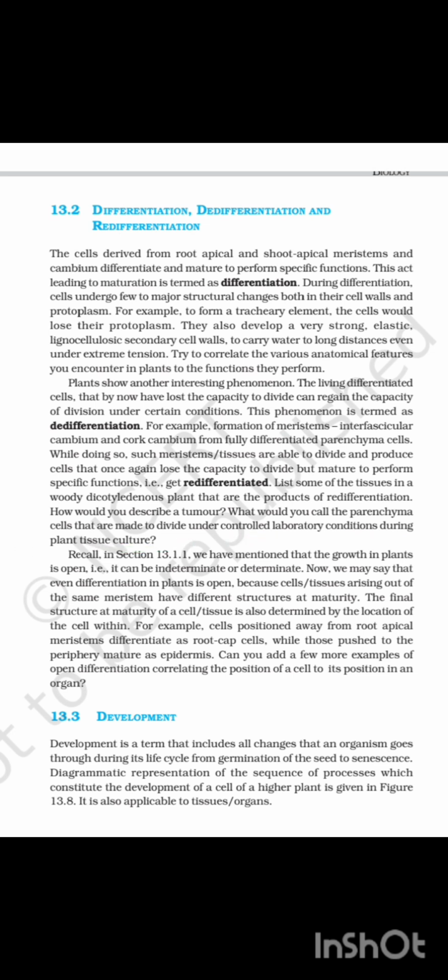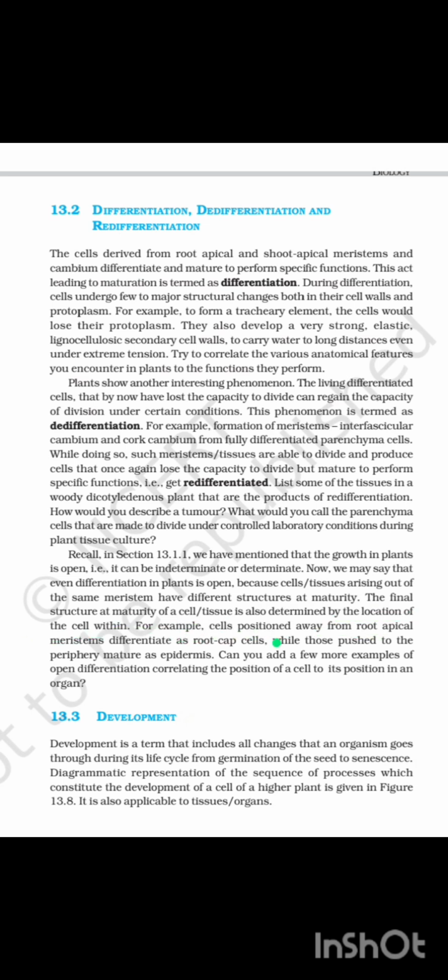Recall, in section 13.1.1 we mentioned that the growth in plants is open. It can be indeterminate or determinate. Now we may say that even differentiation in plants is open, because cells or tissues arising out of the same meristem have different structures at maturity. The final structure at maturity of a cell or tissue is also determined by the location of the cell within.